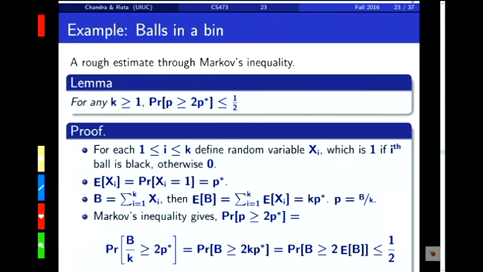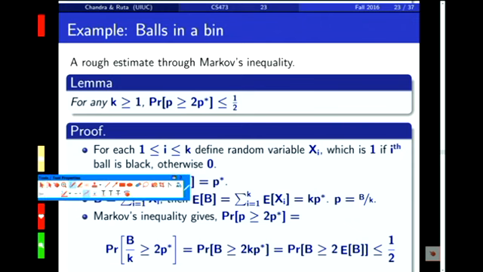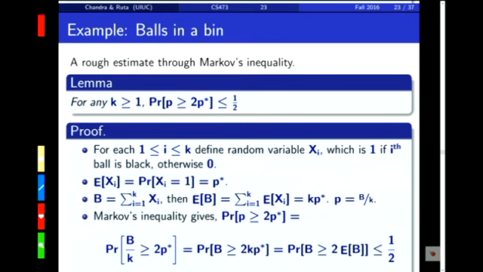So the inequality was: probability of B greater than or equal to A is at most the expectation of B over A. So Markov's inequality was that, and here A is 2 times the expectation of B. So you just replace A by 2 times the expectation of B and you get half.